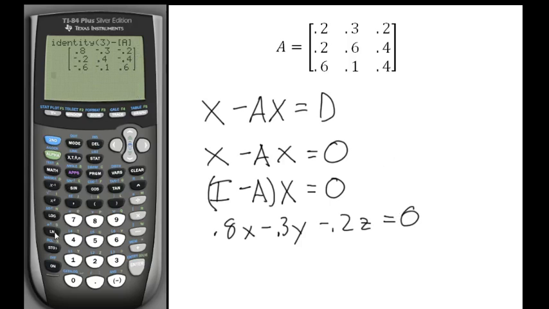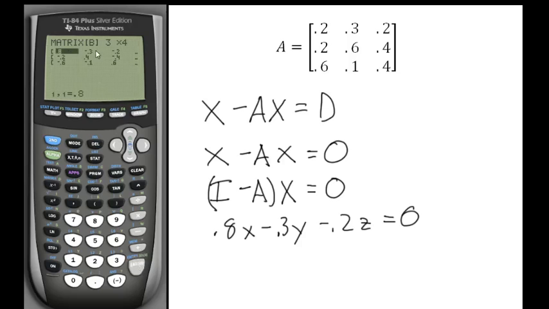So we're going to store this matrix. We'll use the STO button at the bottom of our calculator. We'll go second and then matrix, and I'm going to store it as matrix B. Now that we have that matrix as matrix B, we'll edit it. We hit second and then matrix, go over to edit, down to matrix B. Matrix B is a 3 by 3, and we want to make it a 3 by 4.